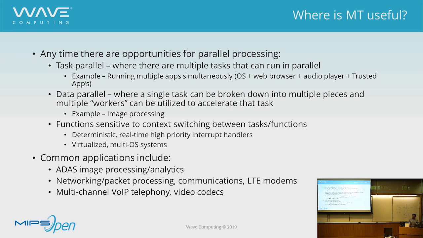So if you have another NMI happening, how do I respond to it? You get a variable length response time, so deterministic behavior is not guaranteed. As I mentioned, for ADAS, networking, VoIP, and other areas, this is quite useful.